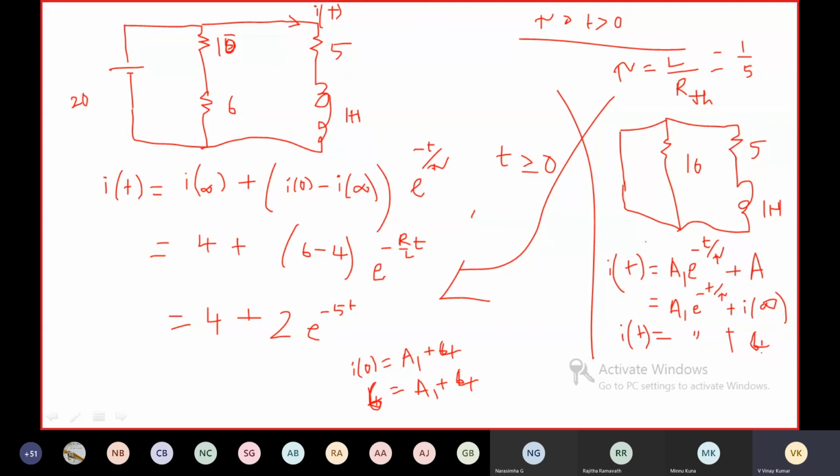From this you get a1 is equal to 2. You substitute the value of a1, and you have to find tau. Tau is equal to L by RTH. Then you get the same expression for I of t for t greater than or equal to 0.